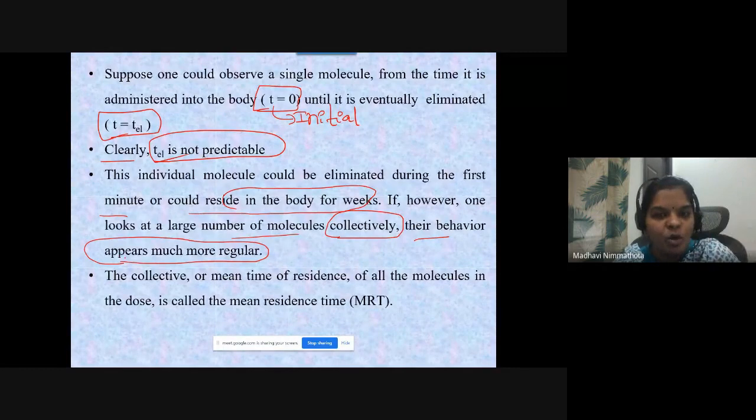So all the molecules will have a collective nature. Either they may reside or they may be eliminated out. So the collective or mean residence time of all the molecules in the dose, this is very important, is called the mean residence time.